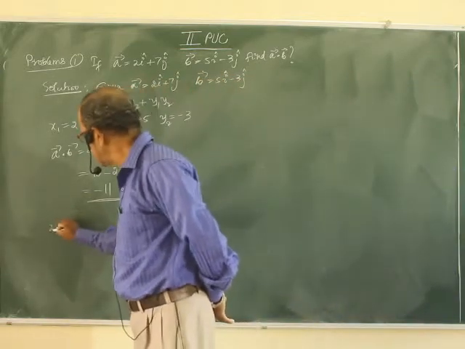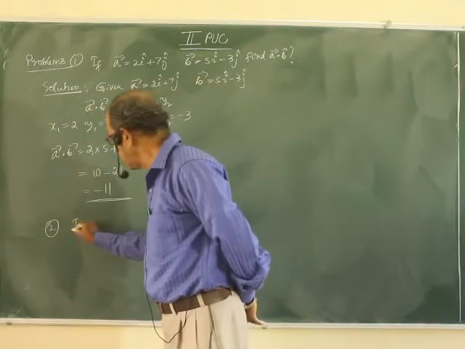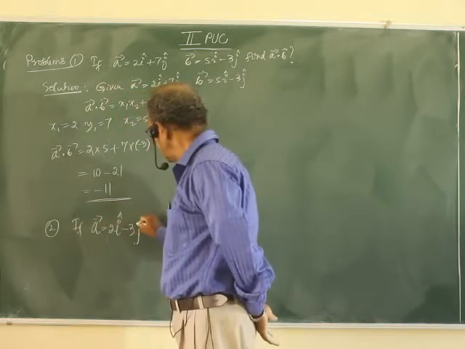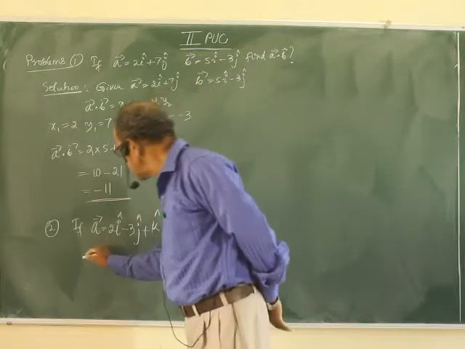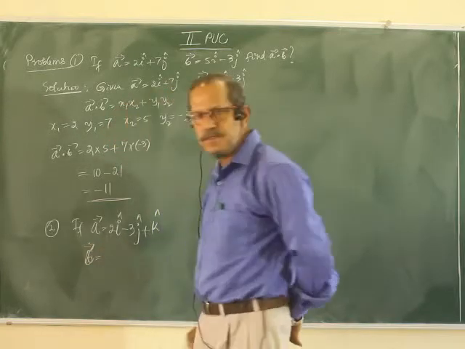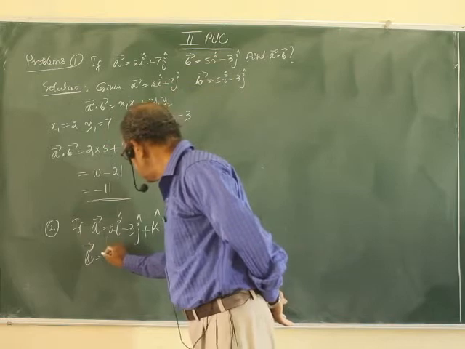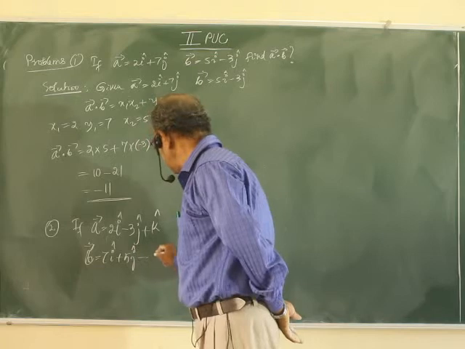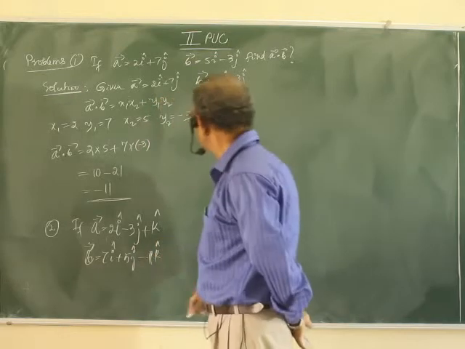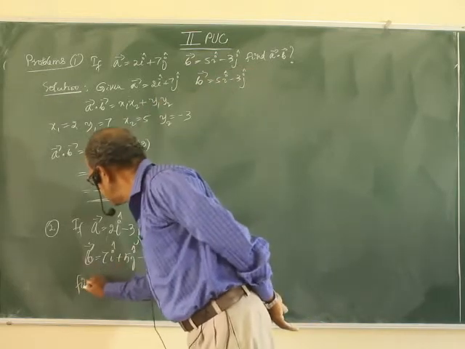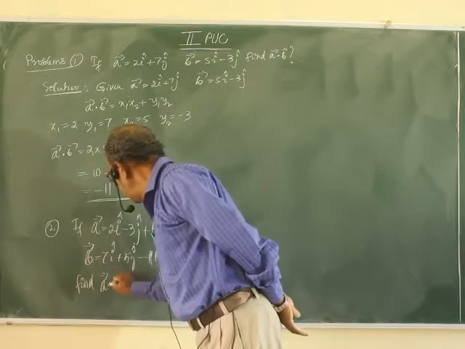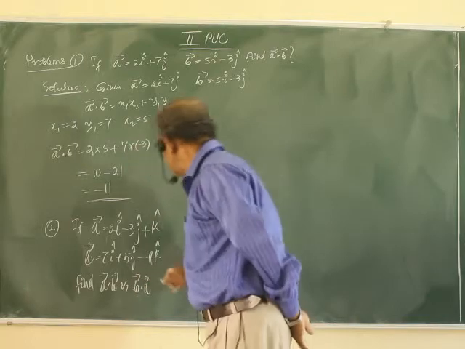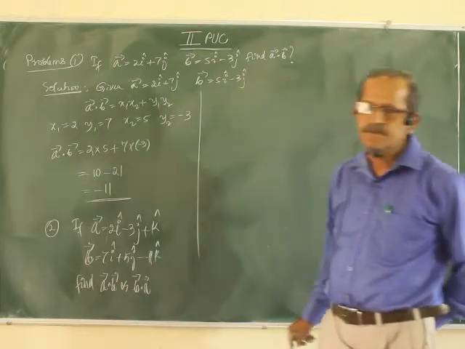Second problem. Three-dimensional. If A equal to 2i minus 3j plus k, B equal to 7i plus 5j minus 11k, find A dot B and B dot A. Let us see whether they are same or any difference is there.